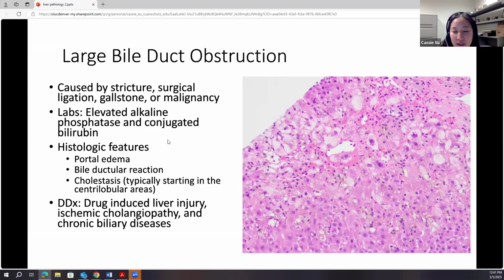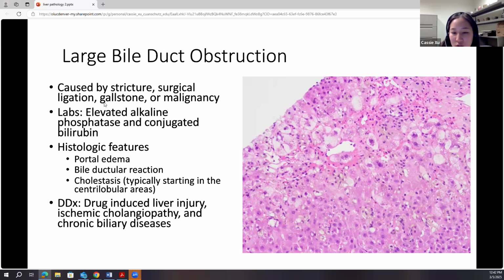The labs here are elevated alk phos and conjugated bilirubin. Histologic features that we look for are portal edema. The portal tracts, instead of being nice and compact, look expanded, but it's not expanded by inflammation. Instead, it looks more like fluid or edematous in appearance.